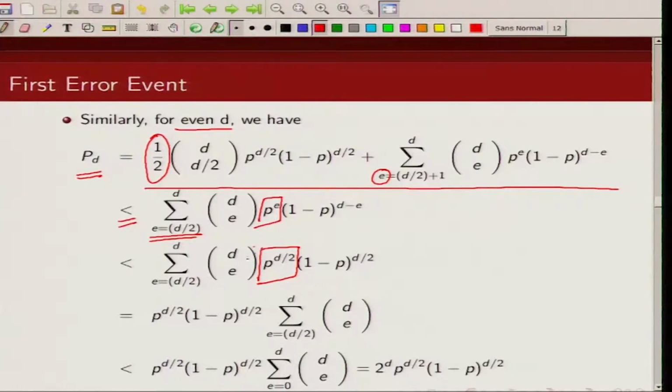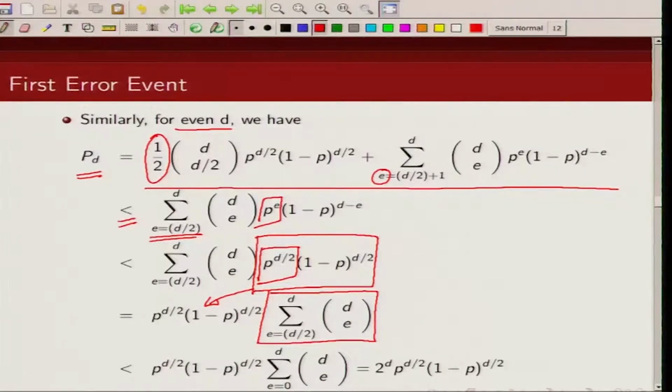Third thing which I do is, again like in the odd case, this term does not depend on E, so I can bring it out. So, I brought it out, and what I am left with is this, and then I add terms from E0 up to d by 2. So, I replace this by this.